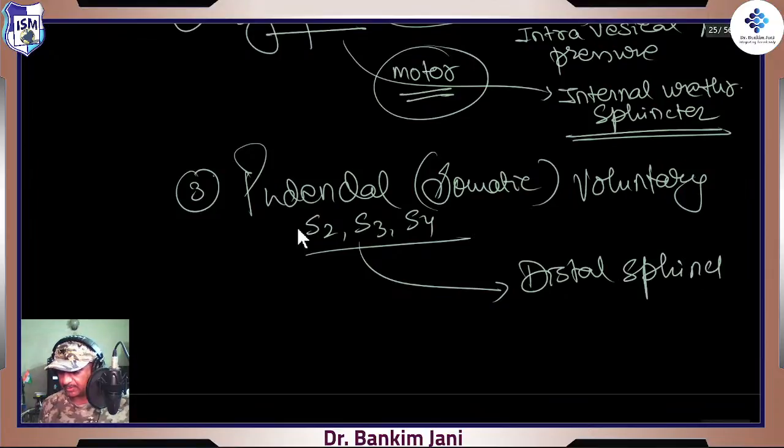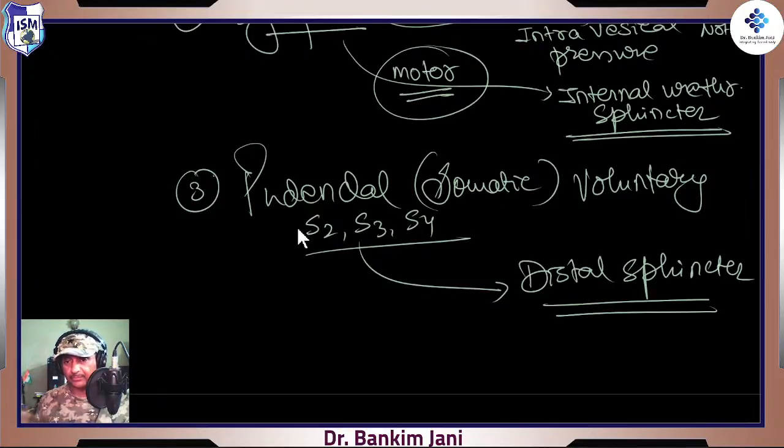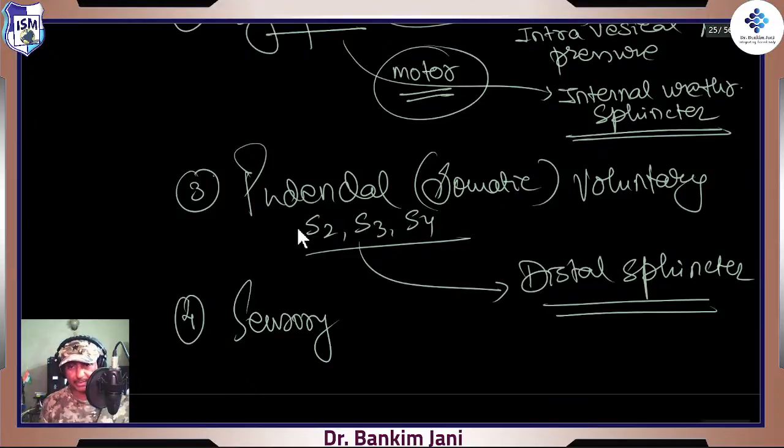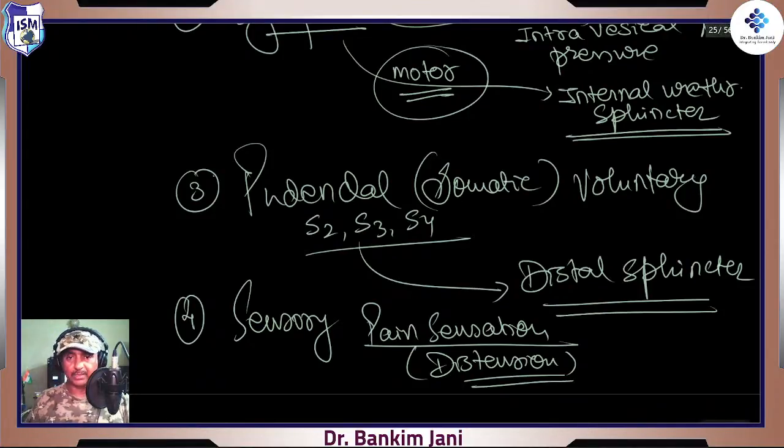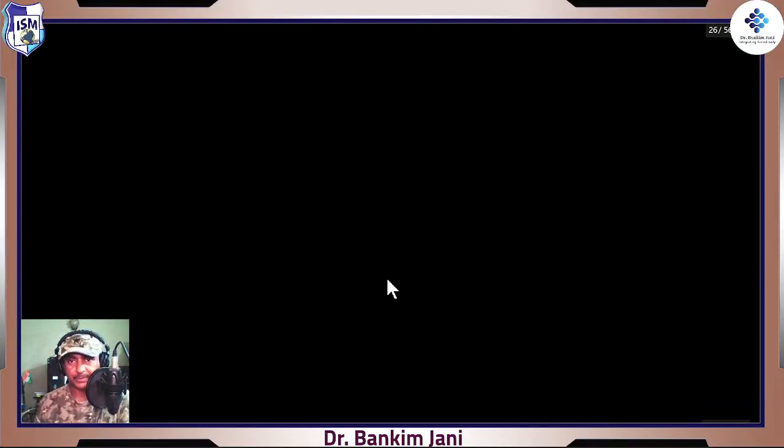This distal sphincter is under voluntary control, so that is what has to be inhibited if the urine is to be passed, right? Clear? And finally, there are sensory fibers carrying pain sensations, and these pain sensations occur only when the bladder is stretched. So when there is distension, then there is pain. That's the normal setup for micturition.